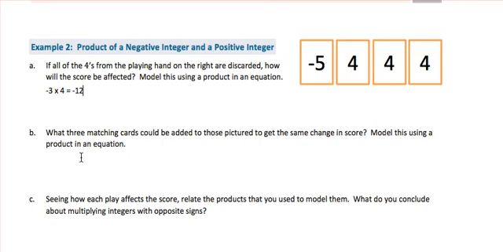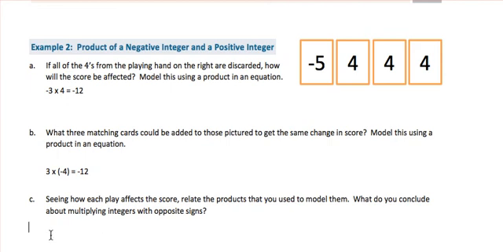To get the same change in your score, you could also add 3 negative 4s. So 3 times negative 4 is also negative 12. We can see then that adding a value multiple times has the same effect as removing the opposite value the same number of times.